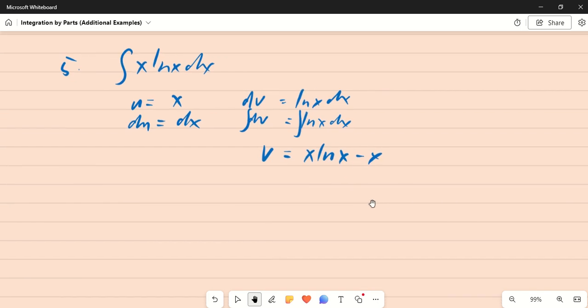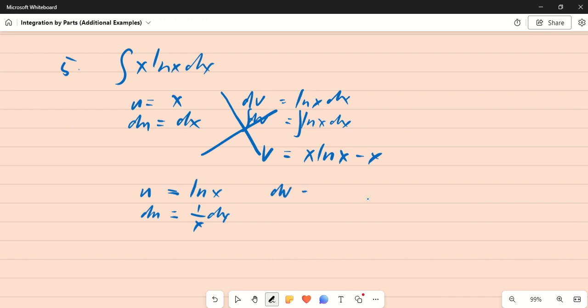So let's interchange. So this is definitely wrong. This is not the right identification for our u and our dv. So let's make use of ln of x as our u. So your u here is ln of x, and then you know the derivative of u, and that is 1 over x dx. On the other side you need to identify your dv.